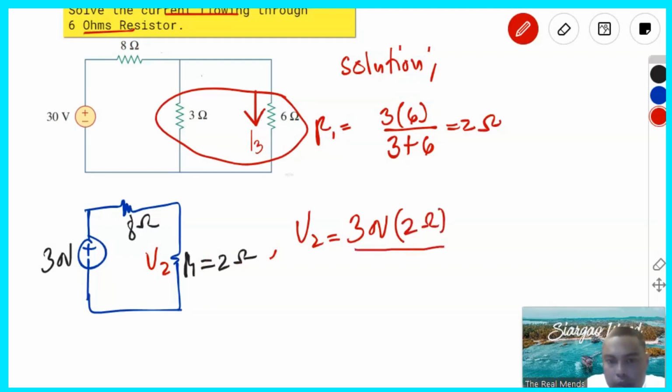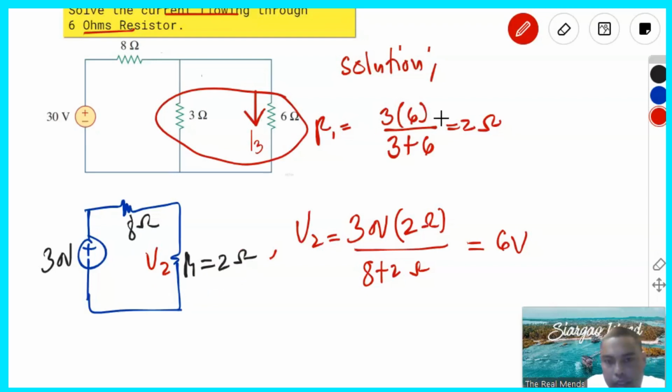Okay, so divide by the total combination of these 2 series resistors, that is 8 plus 2, and then we get the voltage of 6 volts. So therefore, ang voltahe nitong dalawang circuit na to, this 3 and 6, is same as this V2.